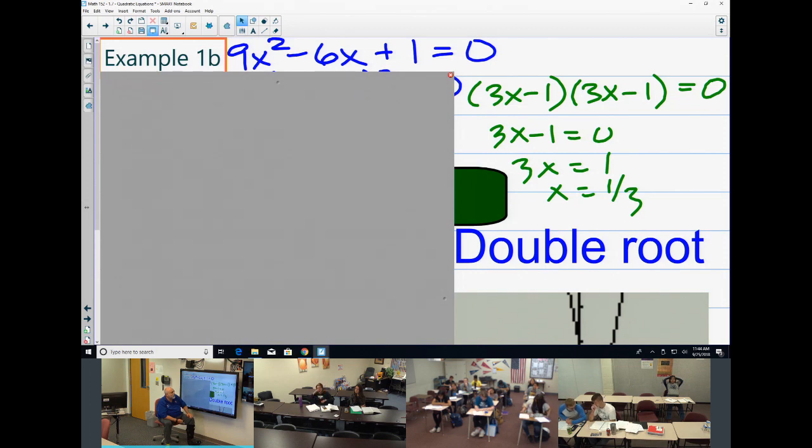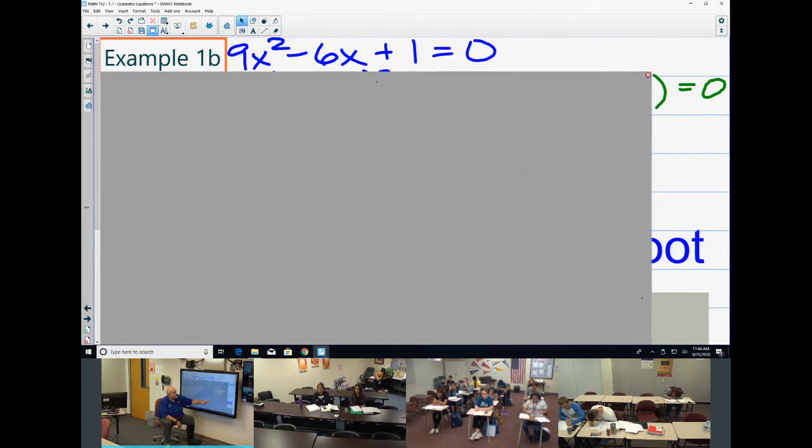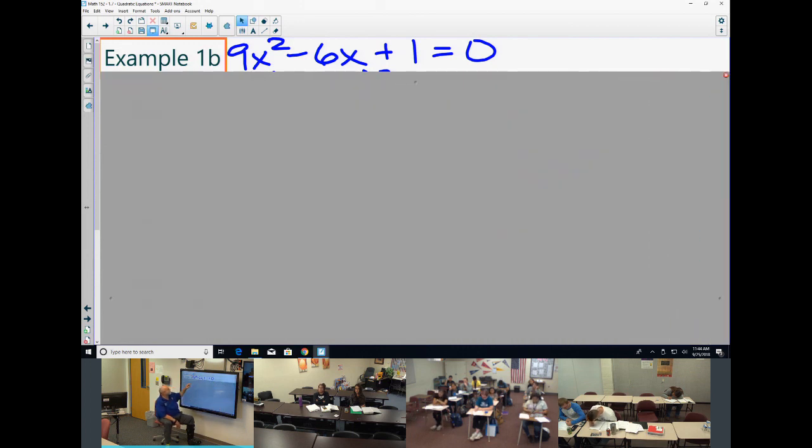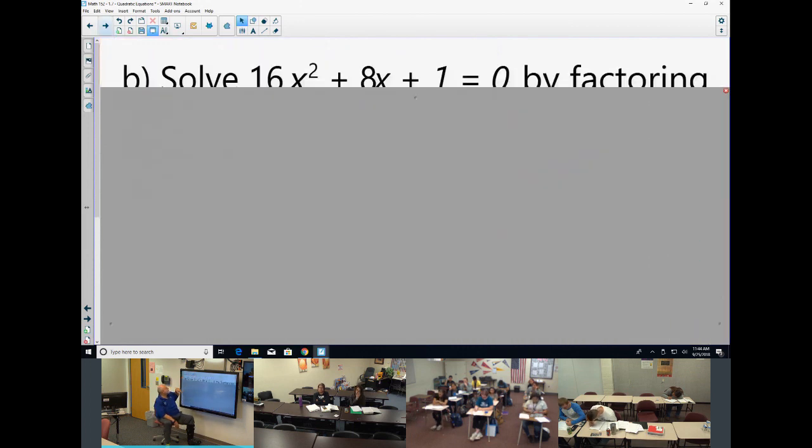So that's what we call a double root. So x equals 1/3, and it happens twice. All right, so try that one, please.